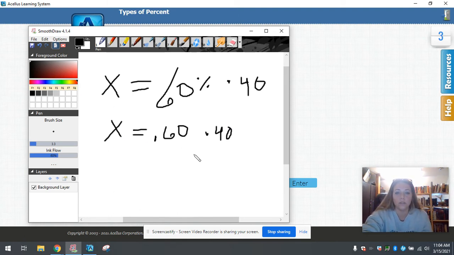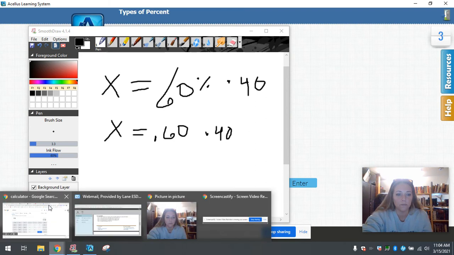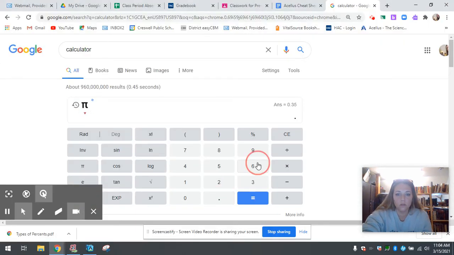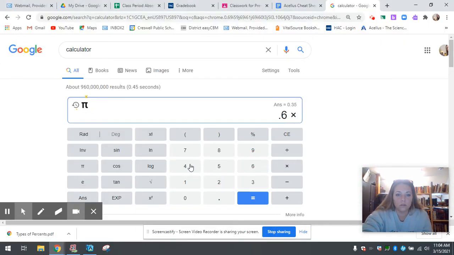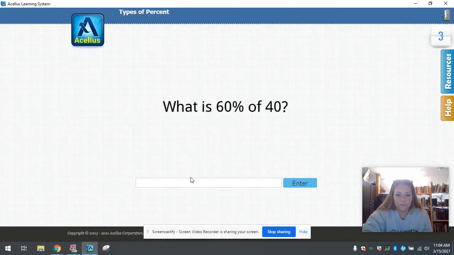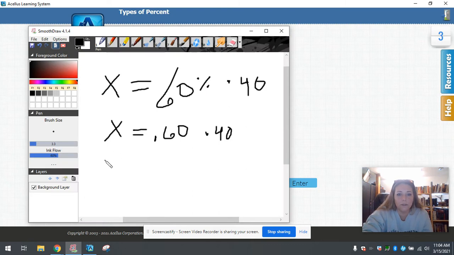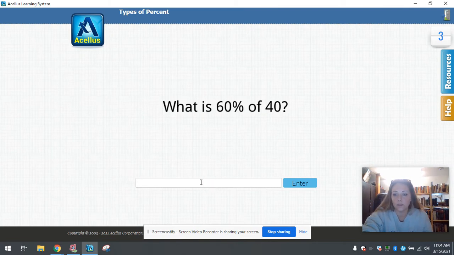Okay, so I go 0.60 times 40 in my calculator. And I get 24. 24 is 60% of 40. That makes sense, because 24 is a little bit more than 20, which would be 50% of 40.